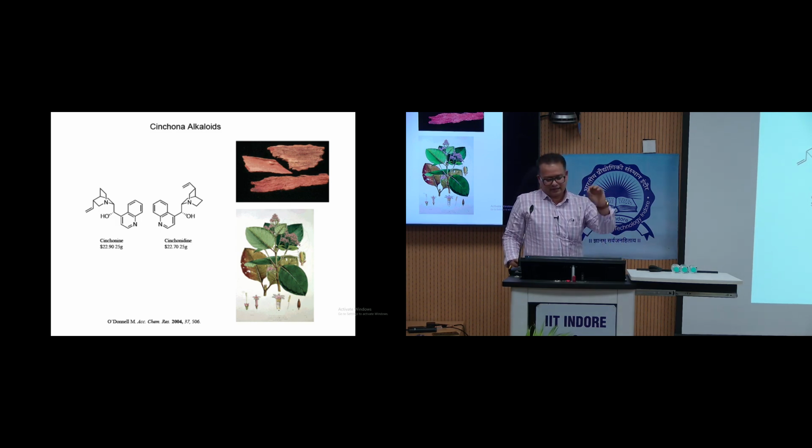Starting in 2004 by O'Donnell, I think this is the first report that has come to us about cinchona alkaloid catalysis. People did not name it organocatalysis at that time. They just said that this is cinchona catalysis.